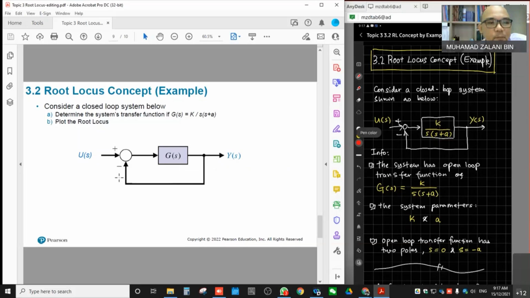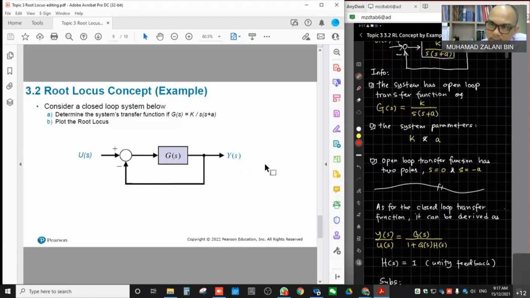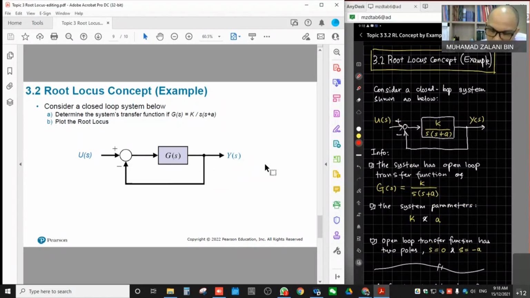So based on this block diagram, with unity negative feedback of the control system here, I rewrite this block diagram and represent the transfer function inside the block, represented by K over S plus A. So that is the transfer function, which is G(s).